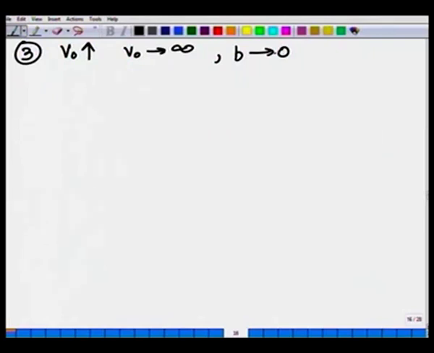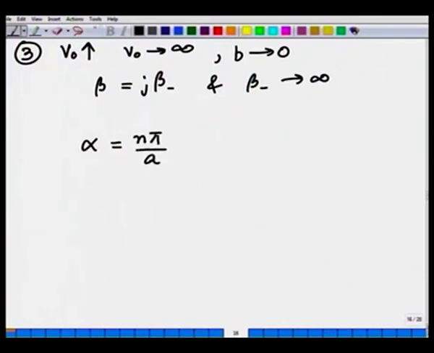If you use these expressions, you can see that beta minus will go towards infinity in this case. You can check this out, and if you work through it, you can show that in this case alpha will be equal to n pi by a, which then says that energy is equal to h bar square by 2m times pi square by a square times n square.